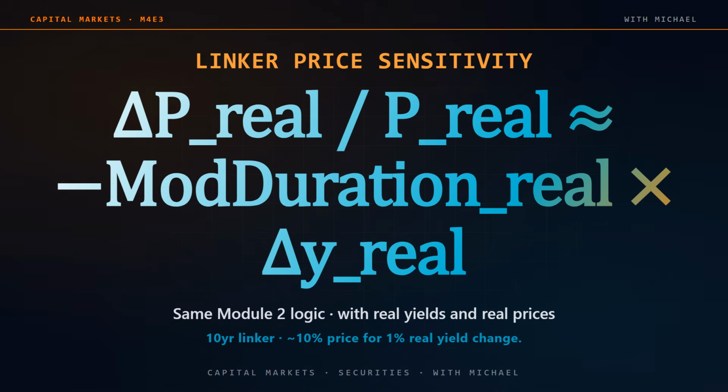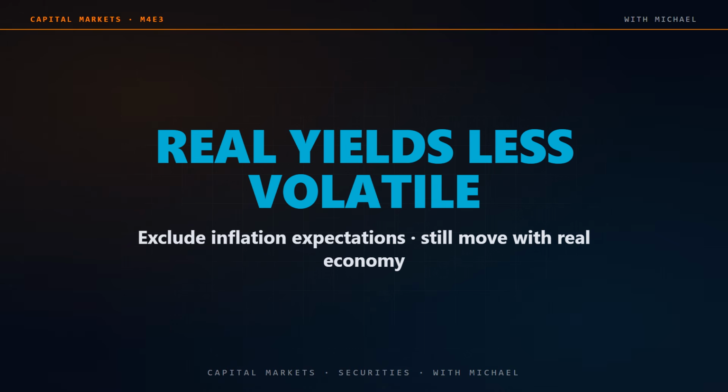They are less volatile than nominal yields because they exclude the inflation expectation component. But they do move. An investor in linkers needs to track real yield movements just as an investor in nominal bonds tracks nominal yield movements. The hedge against inflation in linkers is real, but the price still fluctuates day to day with real yields.